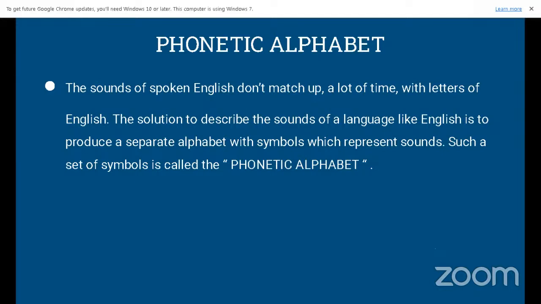Such a set of symbols is called the phonetic alphabet. Now we are coming to the phonetic alphabet. Okay, got it? Why? Because unlike other languages, English is one language where the written form and the pronunciation differ a lot. Just now I've given you some examples.